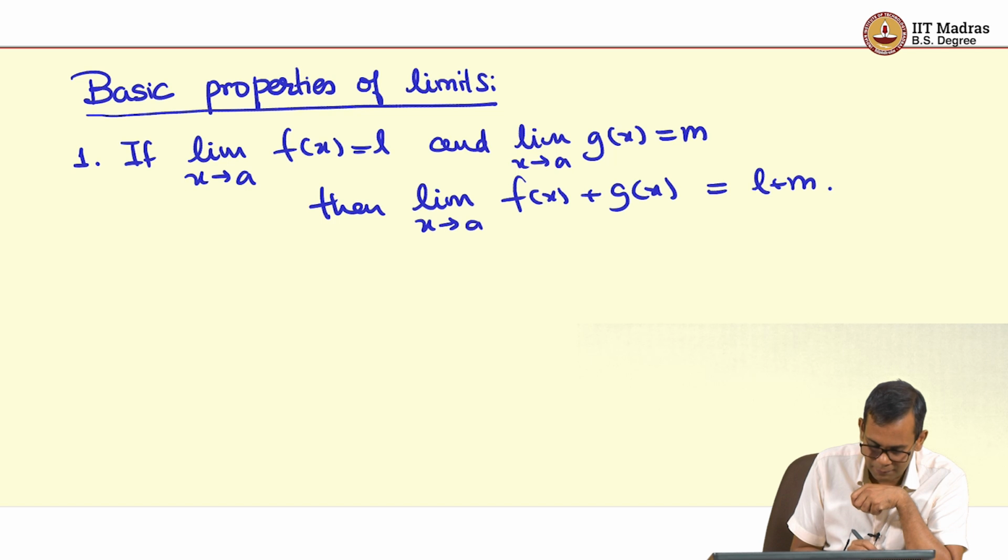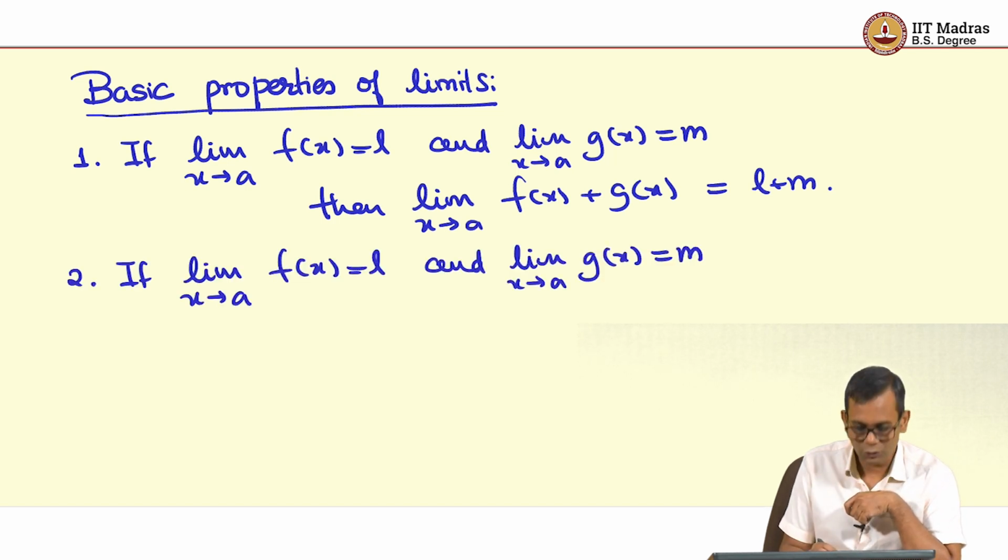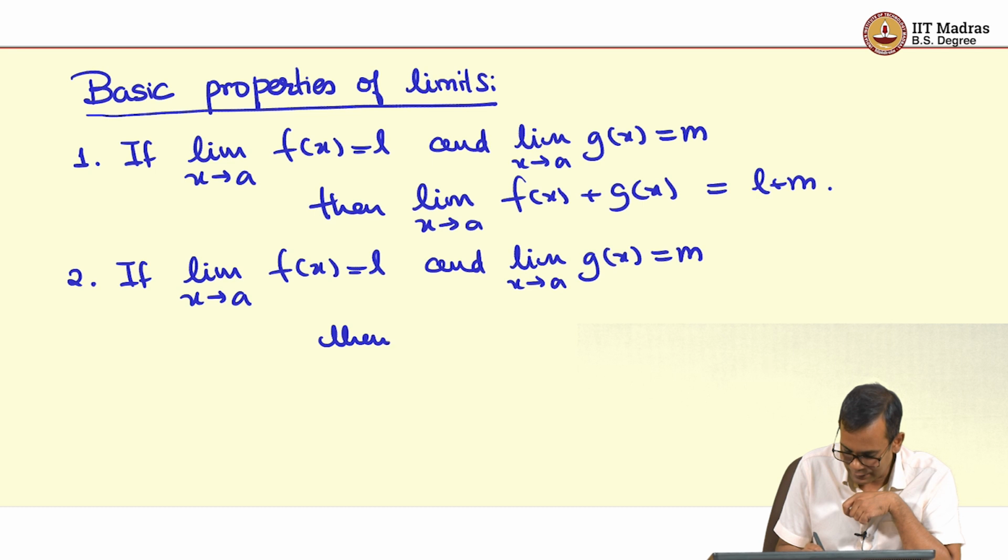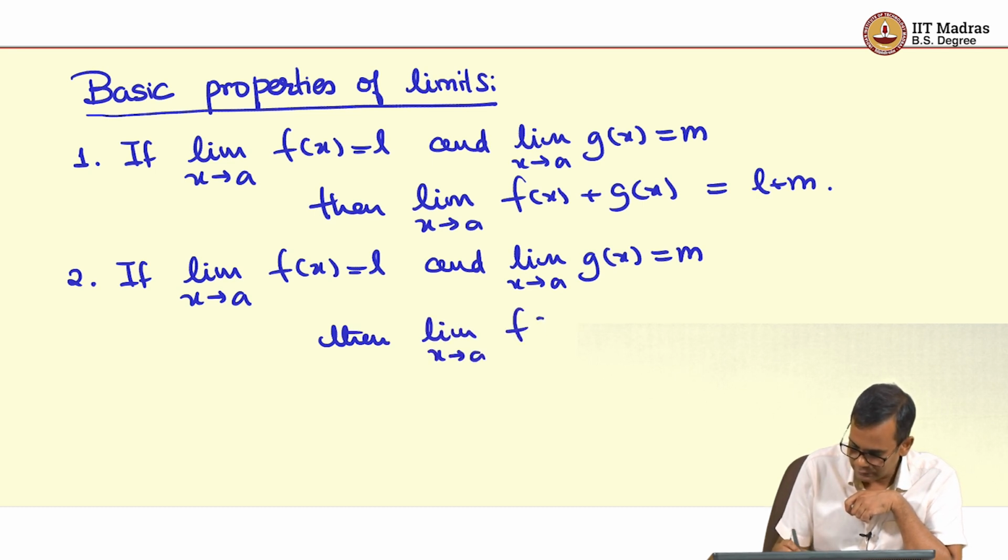You can do the same thing with products. If the limit as x approaches a of f of x equals L, and the limit as x approaches a of g of x equals m, then the limit as x approaches a of f of x times g of x, the product function, is L times m.